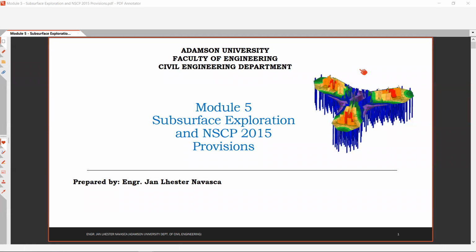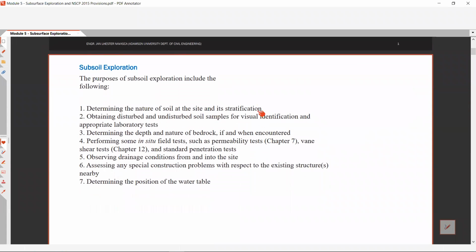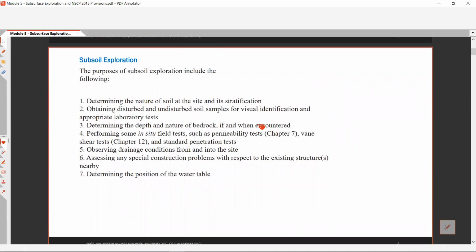Today we are discussing subsurface exploration and some NSCP 2015 provisions for it. The purpose of subsoil exploration includes the following. Number one, determine the nature of the soil at the site and its stratification.